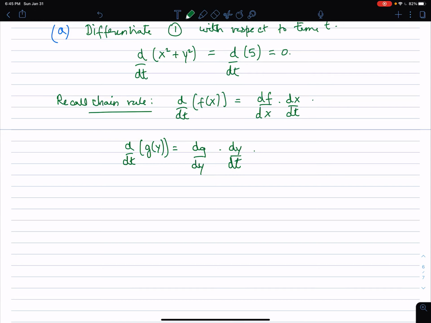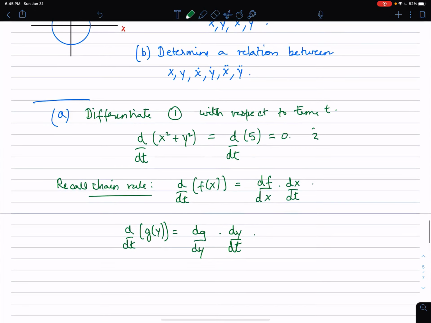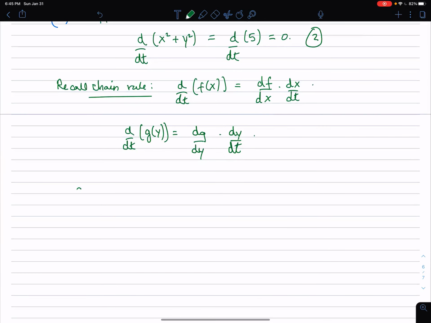Okay, let's use these things now. Let's call this equation number 2. Basically, d of x squared by dt equals d of x squared by dx times dx by dt. We're just using the chain rule here. d by dx of x squared is 2x, and then dx by dt is just x dot.